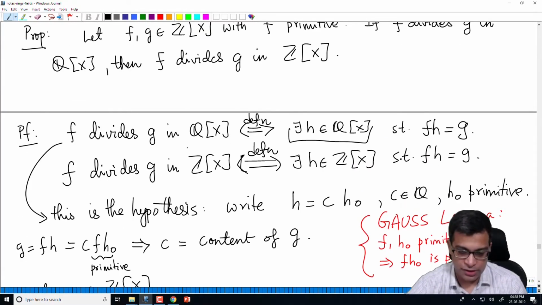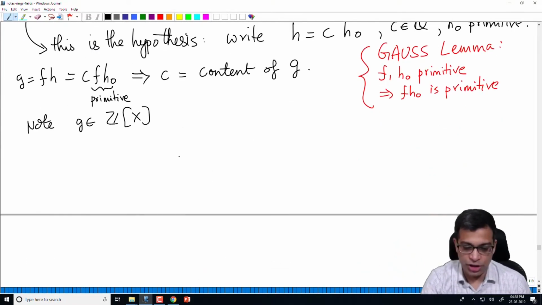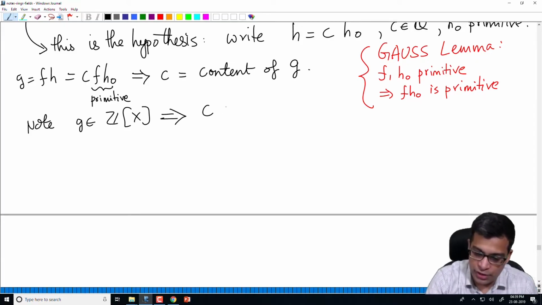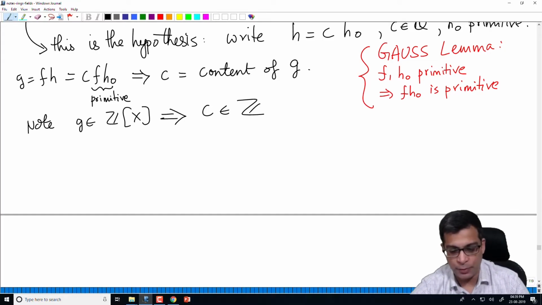And note that g is actually in Z[x]. Remember, that is a hypothesis. The crucial thing is f and g are both integer polynomials. So g is in Z[x], that means c, which is the content, must be an integer. This is something that we proved in the last proposition. We can write every rational polynomial as a content, which is in general a rational number, times a primitive polynomial, but the polynomial we started with is rational.